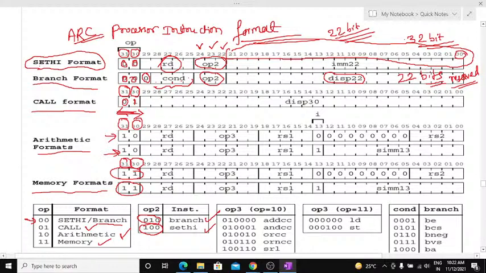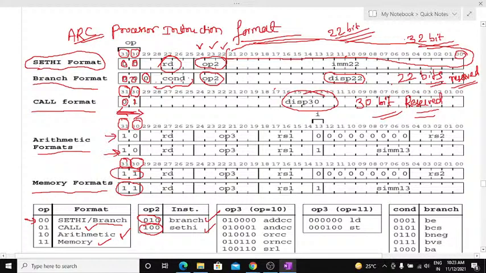Then the call address. Here the 2 bits 01 specify the call instruction, and a 30-bit displacement is reserved for the address.